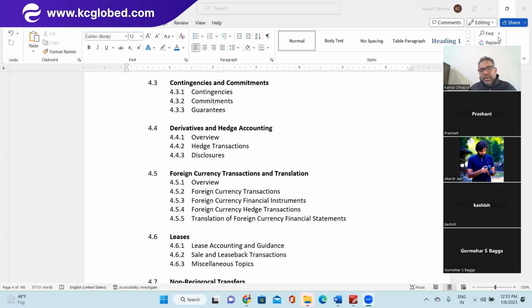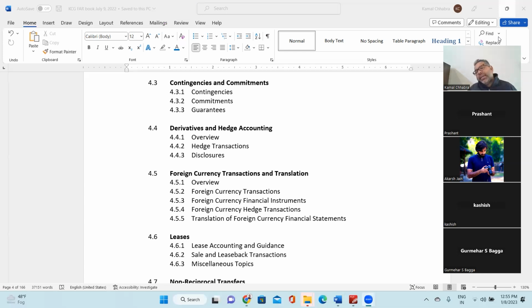So in layman's language, for example, let's assume Kashish is taking a loan from a US bank. He has taken an external commercial borrowing, right? That is called external commercial borrowing. Kashish is starting his own business, and in India no bank is providing him a loan.